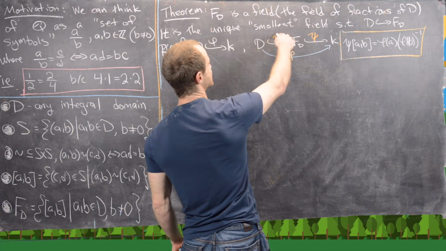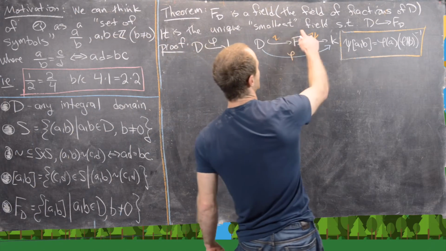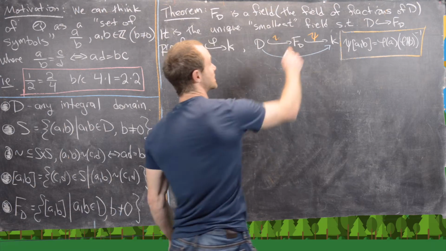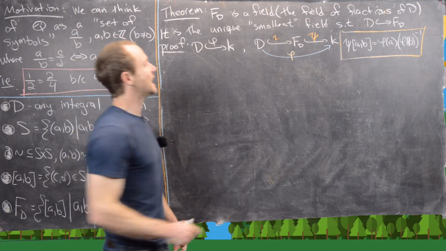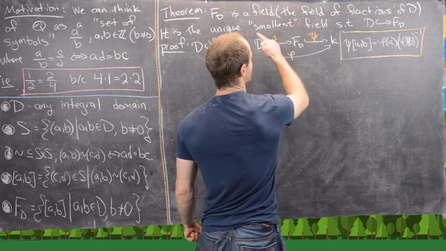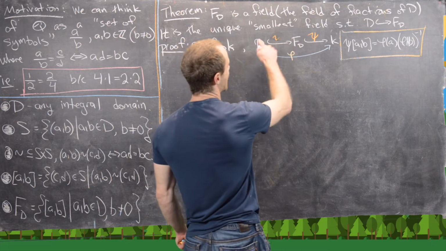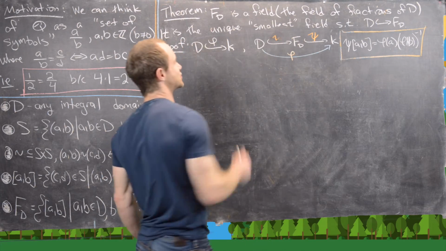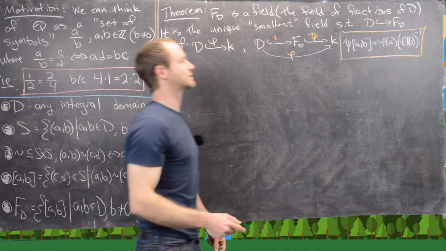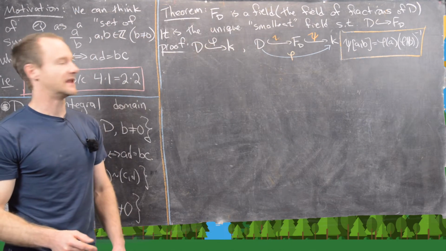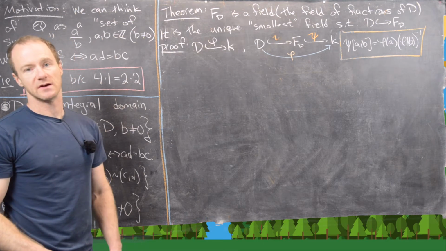So we've got this inclusion of D inside of FD, and then we want to create this map psi from FD to K in a way so that when we have phi going from the very beginning to the very end, the two directions are the same. I should say we define psi so that psi evaluated at bracket AB is equal to phi of A times phi of B inverse.